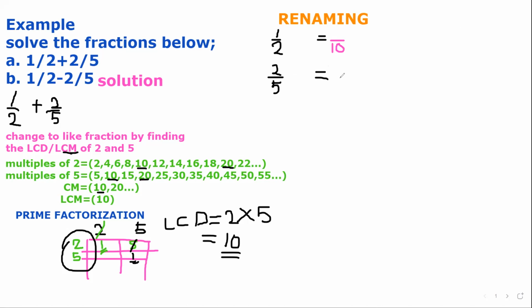The new denominator for this one will also be 10, because that's the essence of finding the LCD or the LCM. LCM means what? You're going to choose a common denominator for that. Now, the numerators here, we are now going to work for the new ones.